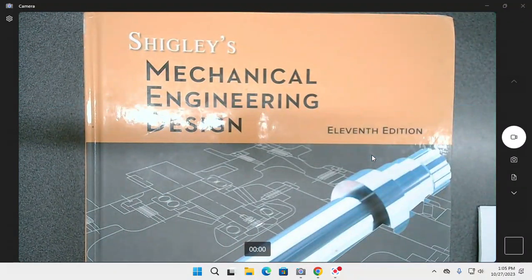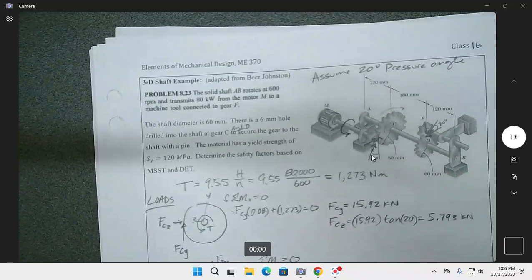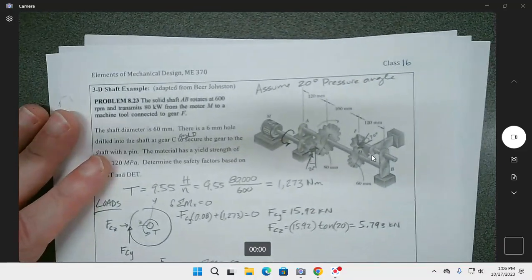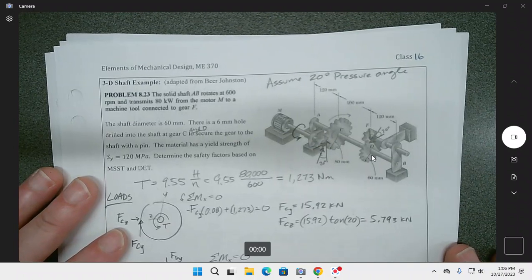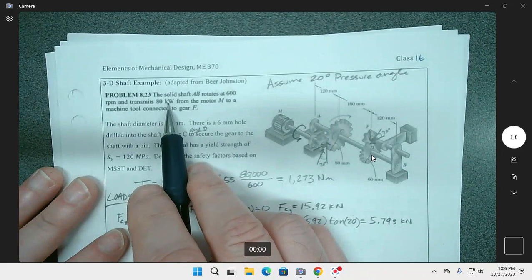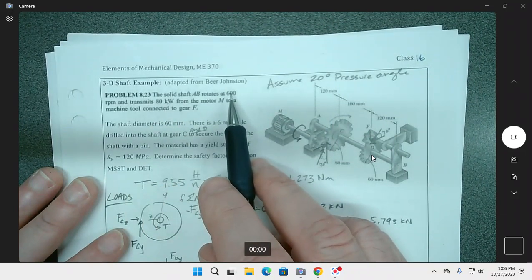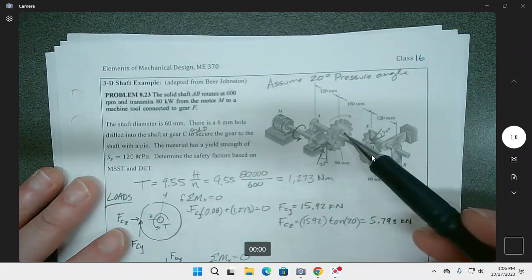And I want you to be able to do that. It's a fundamental engineering skill: if you're given the horsepower and the speed of something, in this case the kilowatts and the RPM, I want you to be able to figure out what the load is going to be.